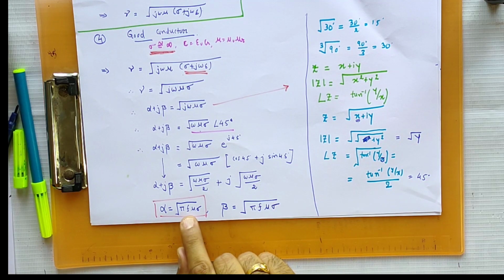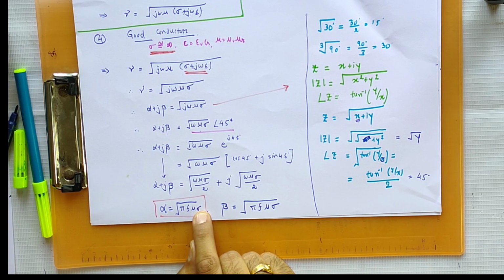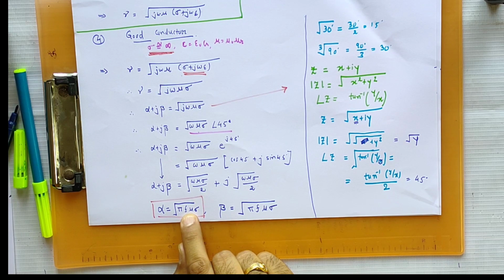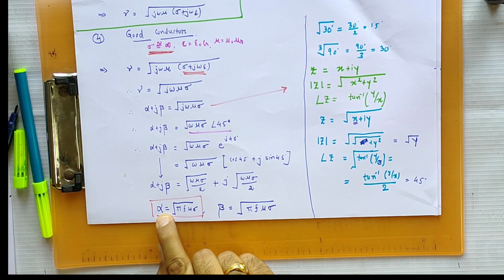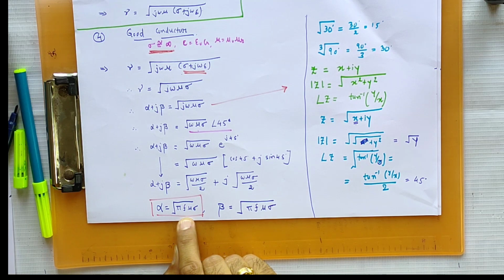So attenuation depends on what? Attenuation depends on the conductivity of the medium or material and the frequency of the electromagnetic wave. If a material offers very high conductivity, it has very high attenuation. So we can say that an electromagnetic wave cannot propagate through a good conductor. Inside the good conductor, the electromagnetic wave is totally 0.